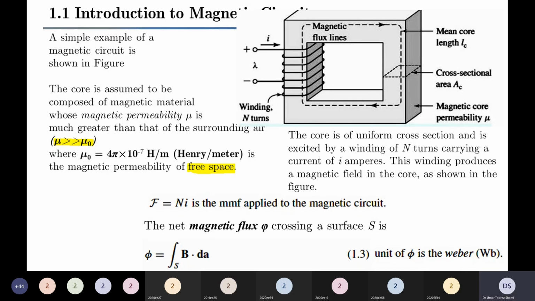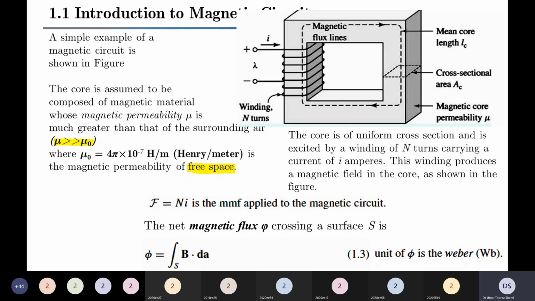Now the product of Ni, that is number of turns and current, is called MMF, the magnetomotive force. This is the magnetomotive force applied to the magnetic circuit. It is simply a force. It does not define the value of flux.